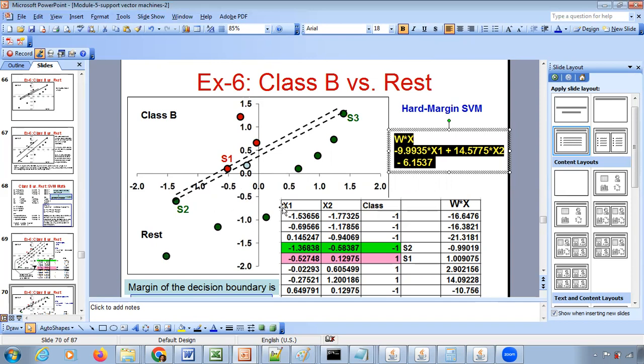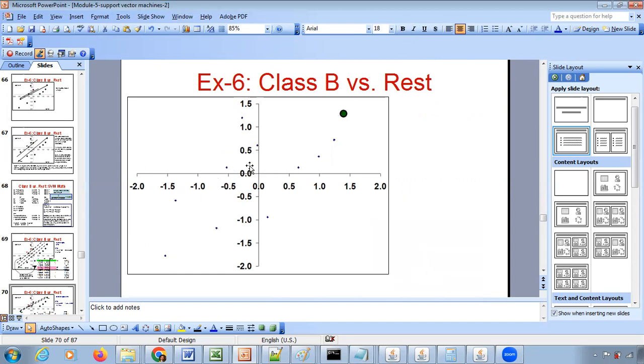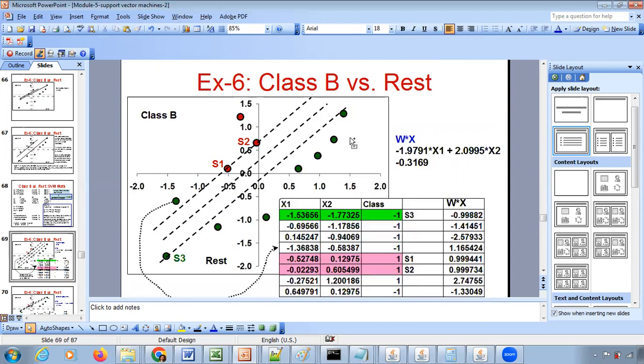These are the four class A data points here. It's much closer to these three class B data points. On the other hand, if I take this and put it here, it belongs to class B.